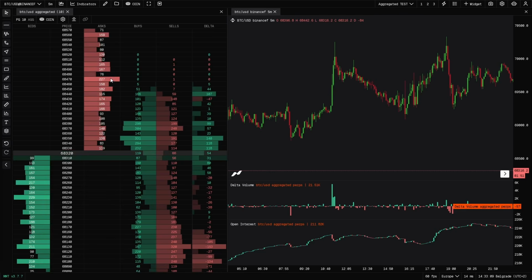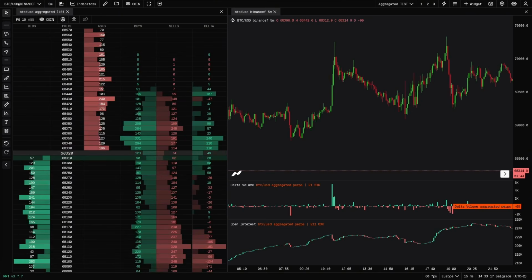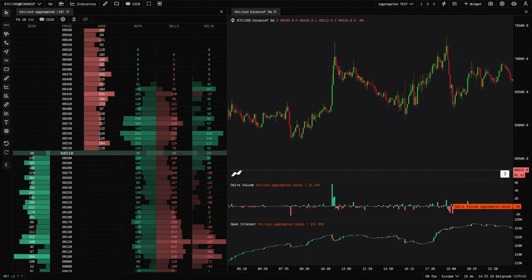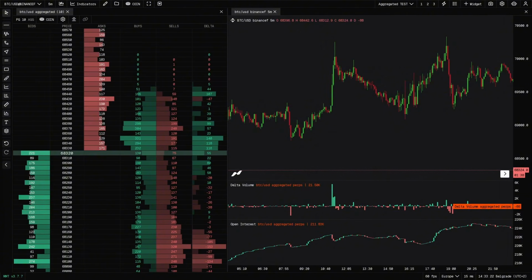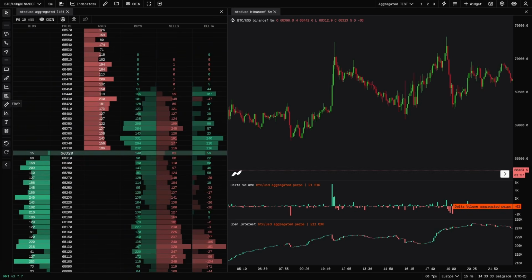That's a strong sign of an iceberg. It shows hidden size is being filled in the background, and these levels often act as strong support or resistance with quick market reaction. So keep an eye on those. This is how you can spot iceberg orders.